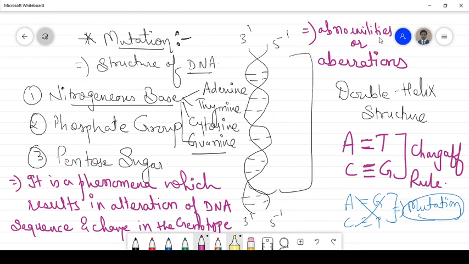It will lead to some changes in the base pairs, and it will also lead to the shifting of the base pairs and changes in the pairing of the DNA helix structure. So this will lead to genetic disorders, and to diseases such as color blindness, hemophilia, sickle cell anemia, phenylketonuria, thalassemia, and all these things.